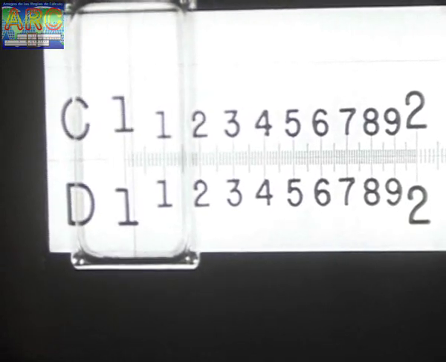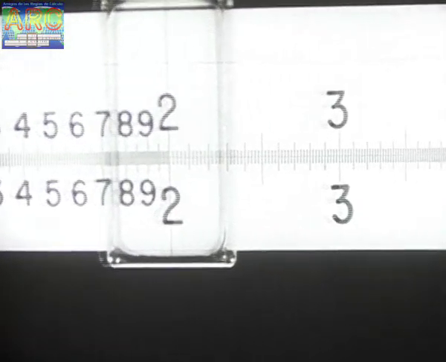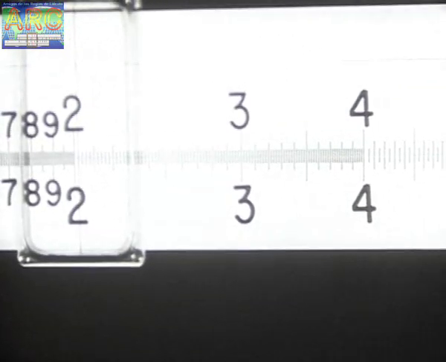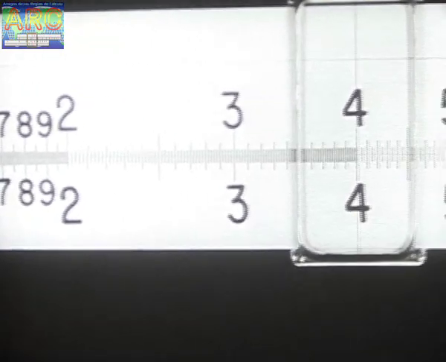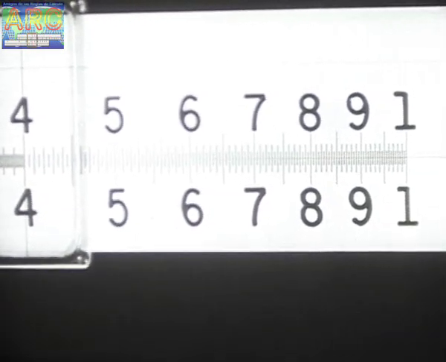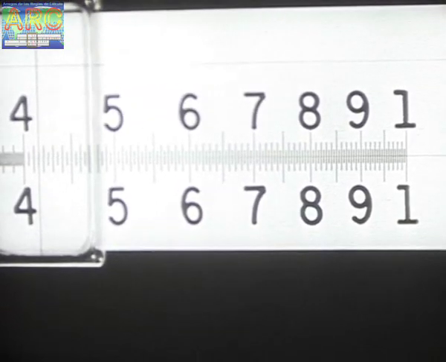Then, these tenths are subdivided into as many divisions as there is room for. 10 in this bracket, each being read as 1: 101, 102, 103, and so on to main position 2. 5 in this bracket, each being read as 2: 202, 204, 206, and so on to main position 4. 2 in this bracket, each being read as 5: 405, 410, 415, and so on to the end of the scales.